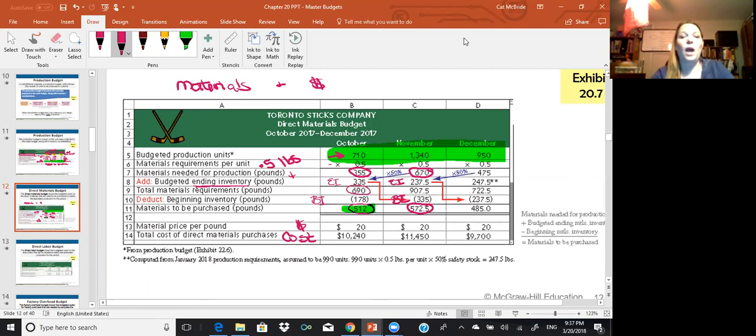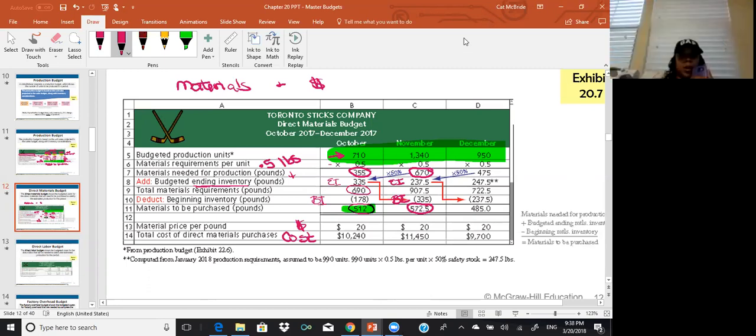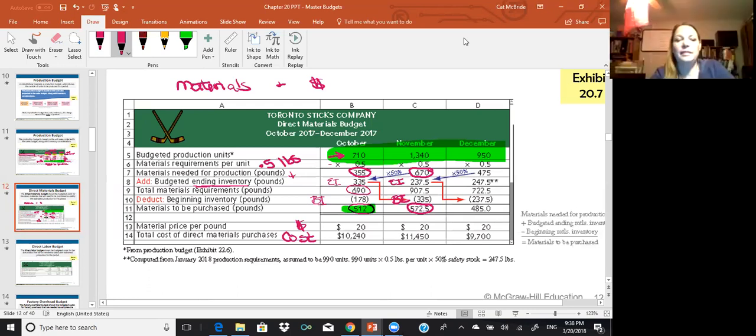Okay, we're just going to keep talking about it until it makes sense. I have a question. Yeah. The 670 in November under materials needed for production, why does that go to the budgeted ending inventory in October? Because that 670 is what I need to produce for November, and I need to have half of that.